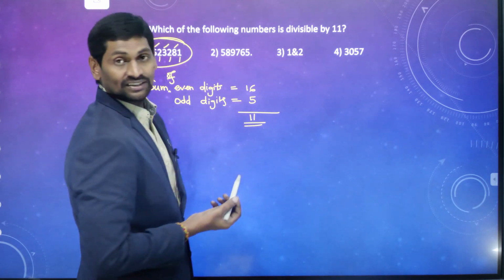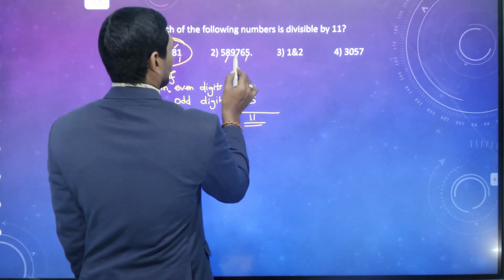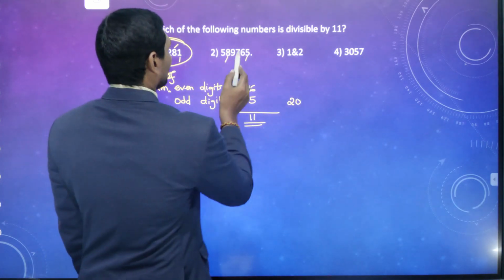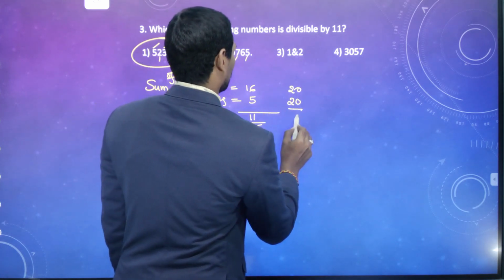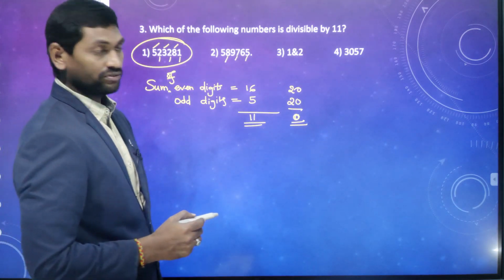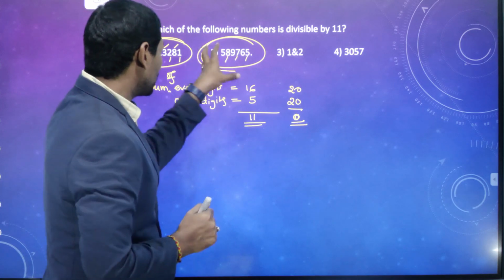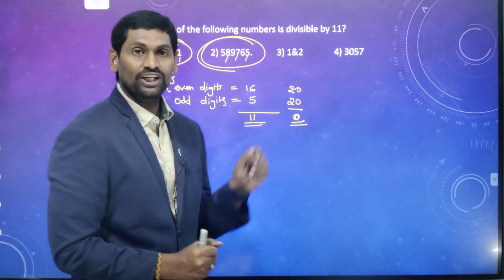Let us try with the second option also. Odd places, 5 plus 7, 12 plus 8, 20, and even places 6, 6 plus 9, 15, and so on. The difference is 0, so this is also a multiple of 11. The second number is also exactly divisible by 11 according to the divisibility rule.